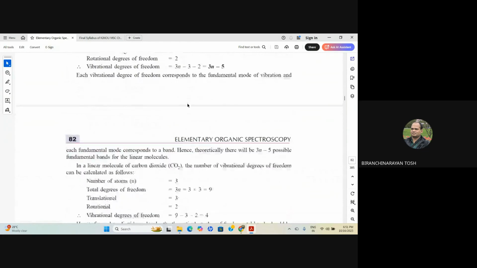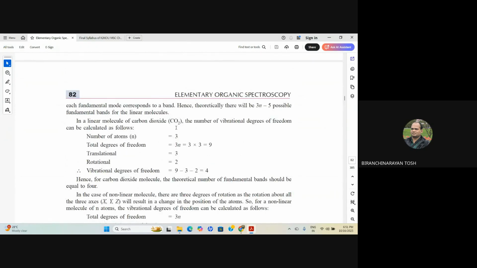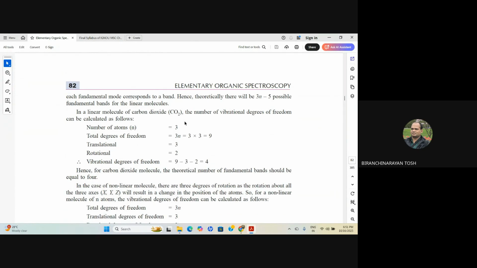But if it is non-linear, let it be triatomic, like carbon dioxide. Carbon dioxide is linear, so when it is triatomic, the molecule may be linear or non-linear. If it is a linear triatomic molecule, then the total degrees of freedom will be 3 into 3, that is 9.